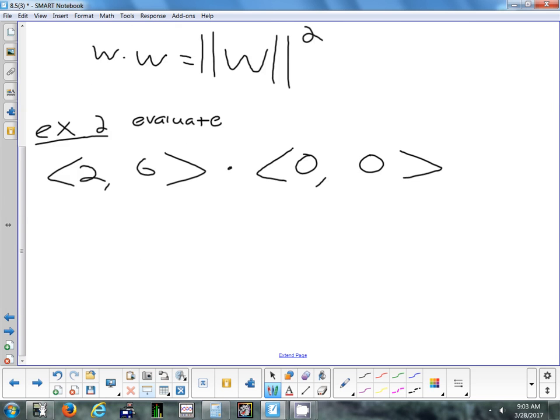When you do a dot product, I had asked someone earlier, what do you get? It's a number plus a number, which is a number. So this is 0. If you wrote this, that would get marked wrong. The answer, when you do a dot product, is not a vector. Any question on that? In the calculation, just 2 times 0 plus 6 times 0, so it's just 0 plus 0.